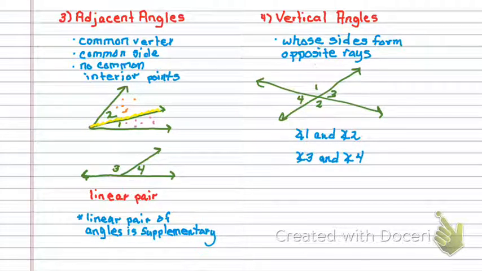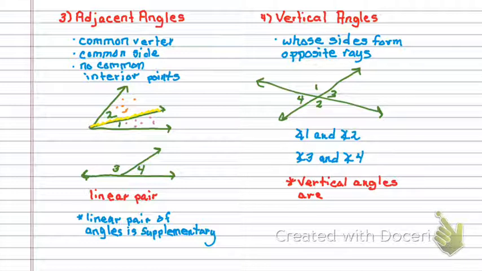And there is a special relationship between vertical angles. The postulate that we'll use with vertical angles will say that vertical angles are congruent. Vertical angles are congruent.